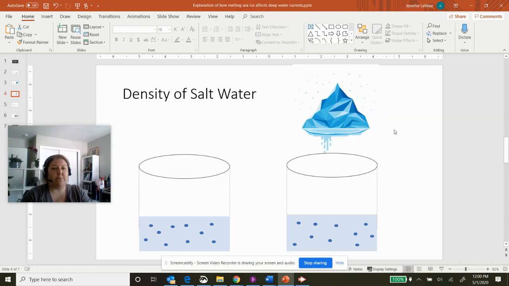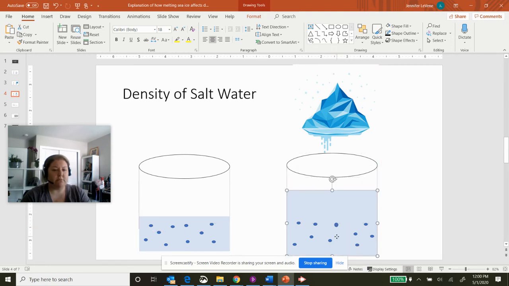The same thing happens in reverse. The iceberg melts, and it's going to increase the amount of fresh water again, lowering the density back down. So now these particles have more room to float around in their water environment.